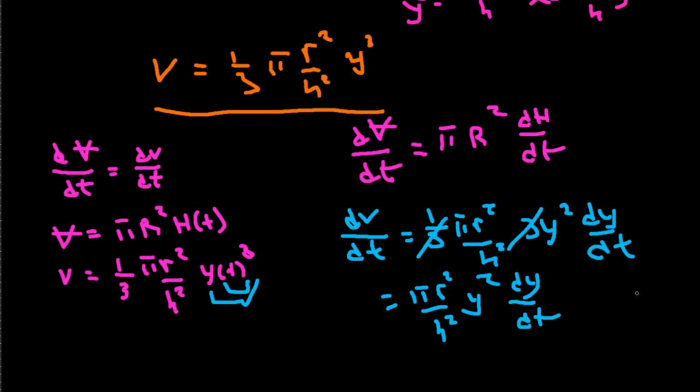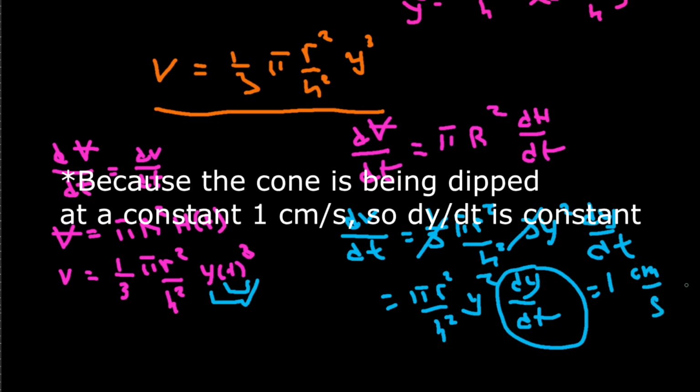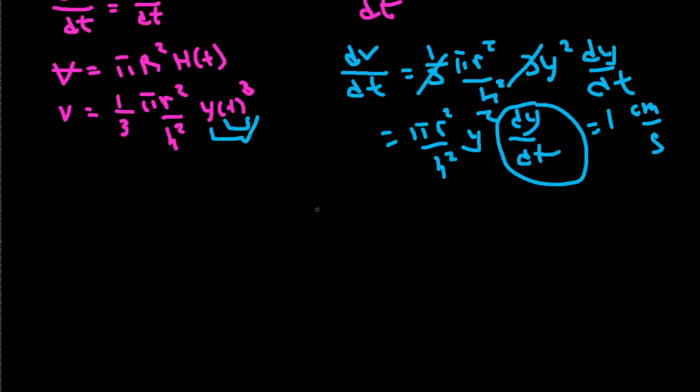Okay, so there are a few key things here. We actually already know what dy dt is. We know that that's equal to 1 centimeter per second. That's given at the beginning of the problem. So I'm going to rewrite this as this here.